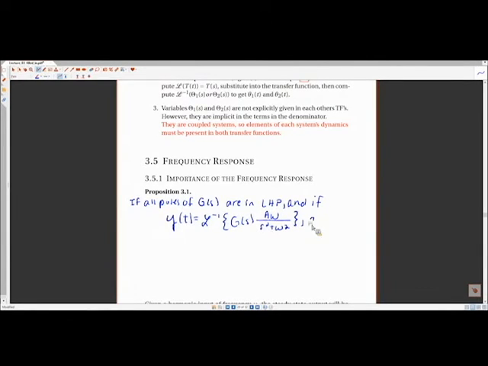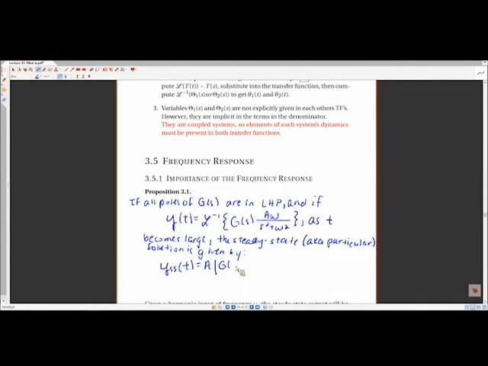say as t becomes large, the steady state, aka particular solution, is given by y_ss(t) equal to A times the magnitude of G(j omega).